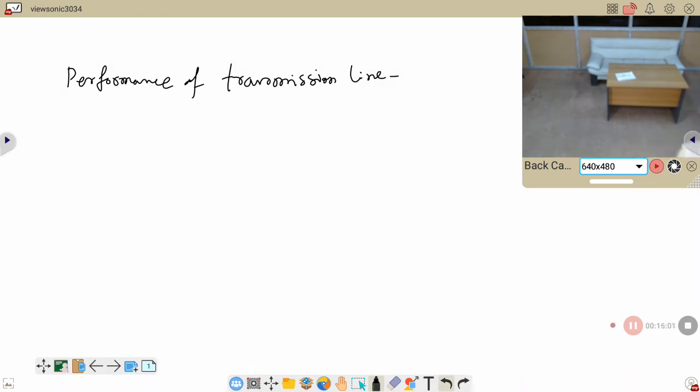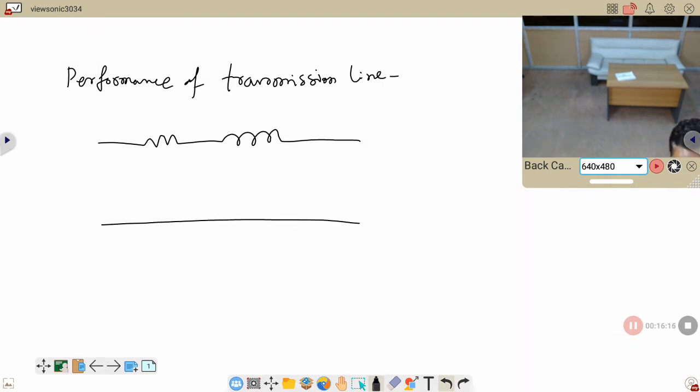See, here I consider this is line resistance, this is line inductance, XL or L, whatever you write.